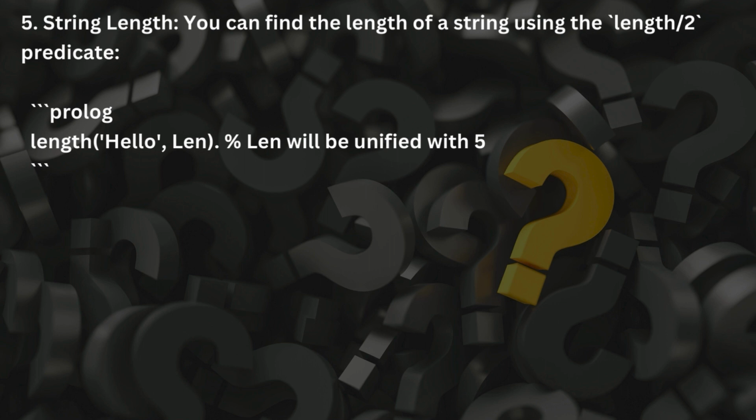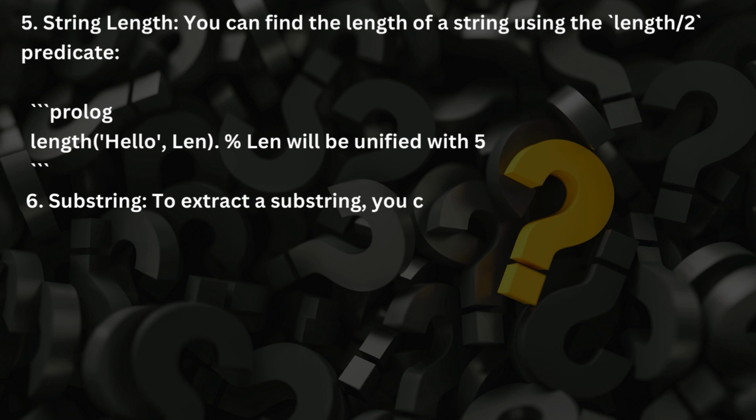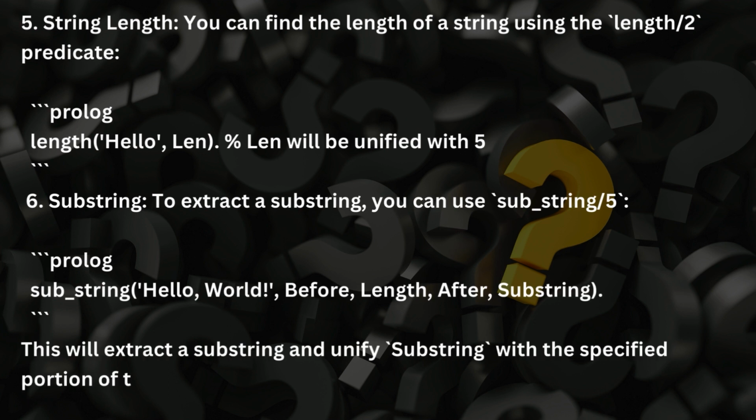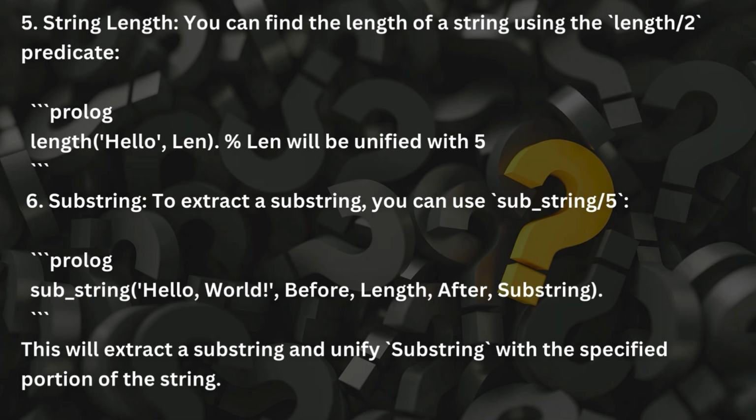Now, substring. To extract a substring, you can use sub_string/5 in single quotes. So, how can you write it in Prolog? sub_string('hello world', Before, Length, After, Substring).